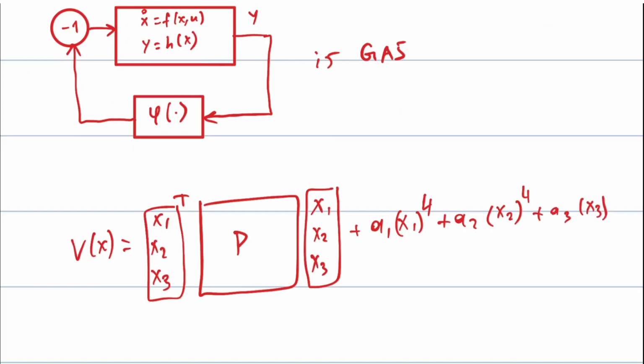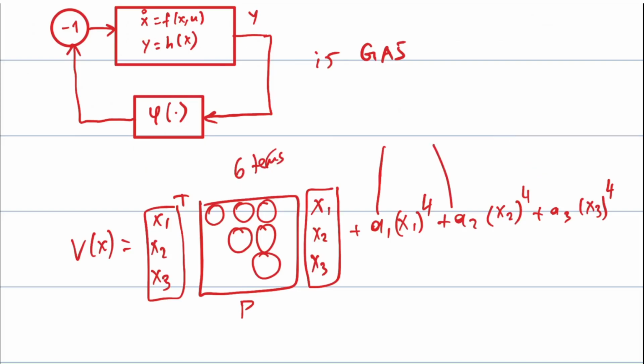Since P will be symmetric, we will have 1, 2, 3, 4, 5, 6 terms, and also 1, 2, 3 terms, plus 3 terms equals 9 terms.